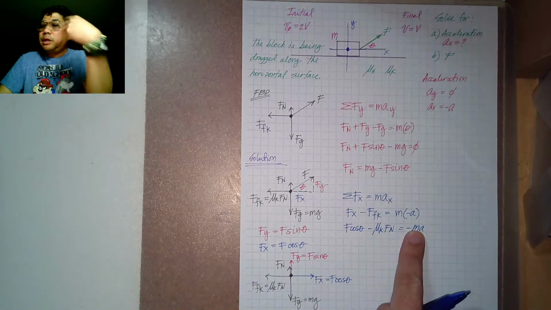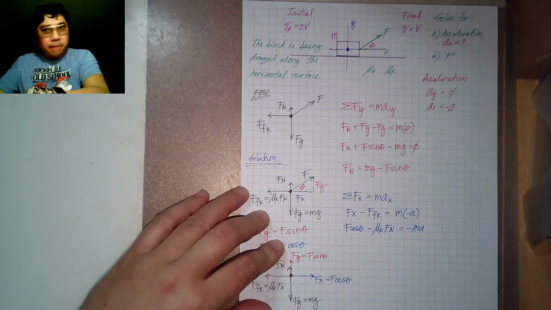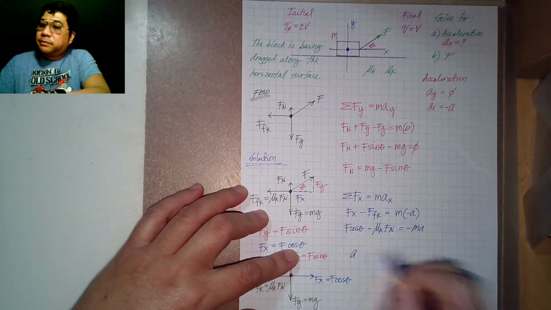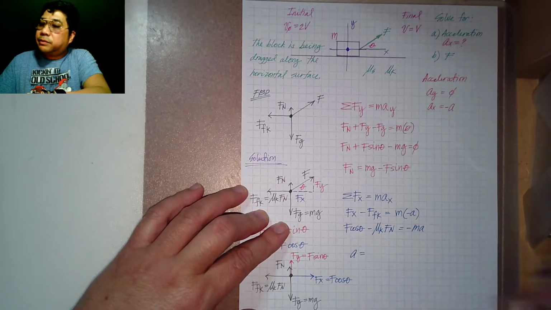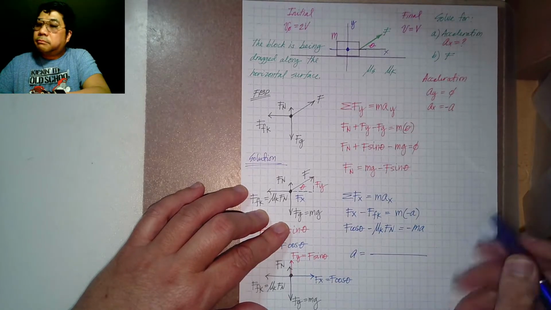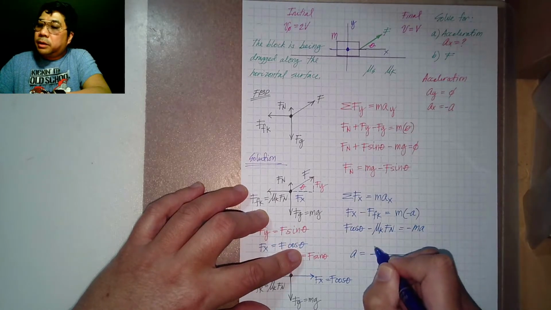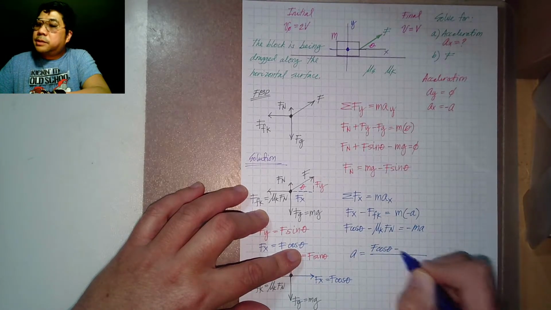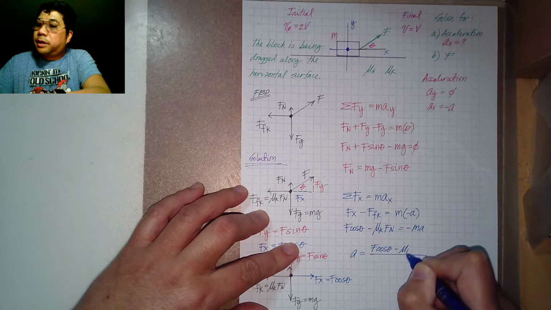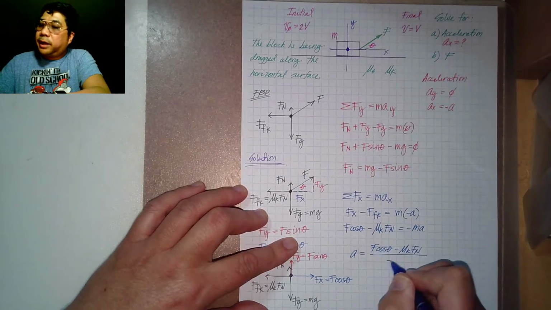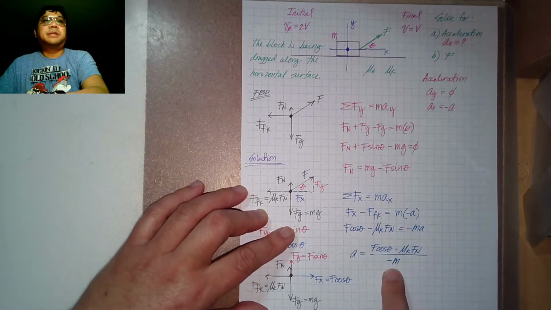So why don't we divide both sides by mass, keeping our acceleration by itself. Now this will give us F cosine theta minus mu k F sub n over negative m. If you notice, I still put negative m.